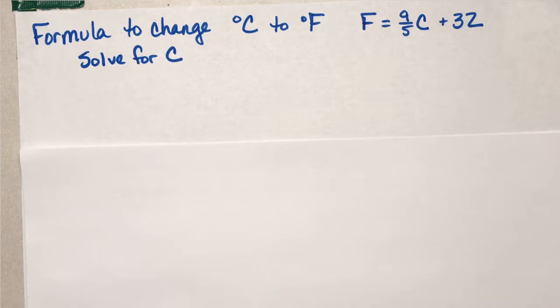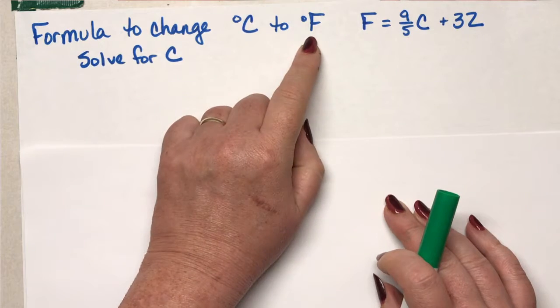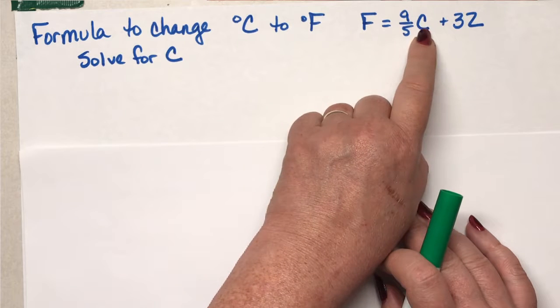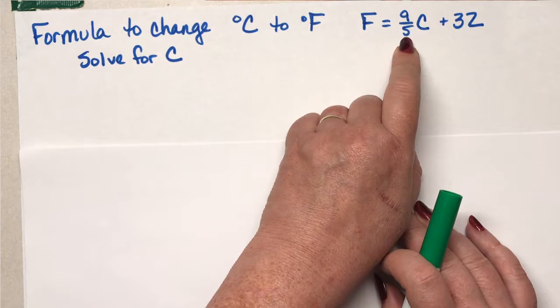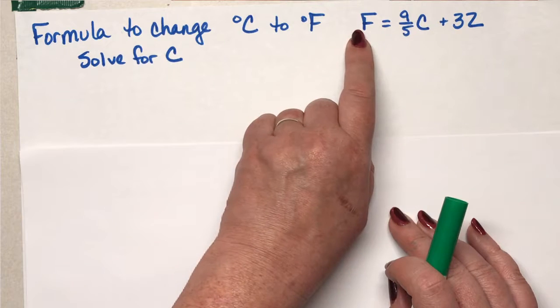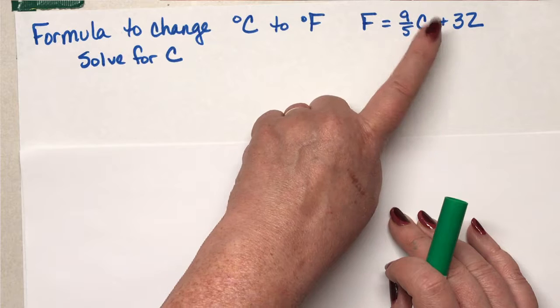Let's do a couple more formulas so that you can get familiar with this. The formula to change degrees Celsius to degrees Fahrenheit is you take the number for Celsius, multiply it by 9/5, and then add 32, and that gives you Fahrenheit. The question is, how do I solve for Celsius?